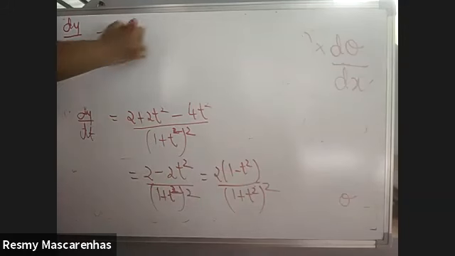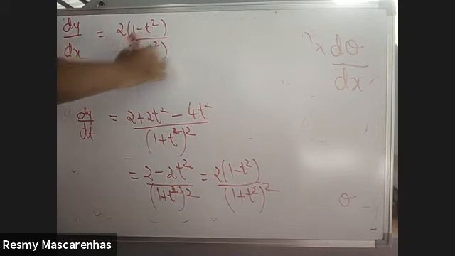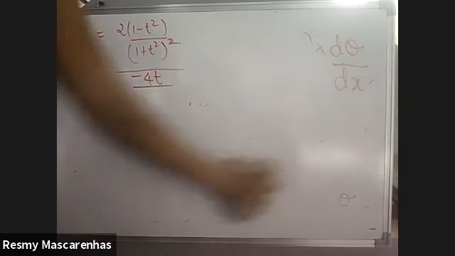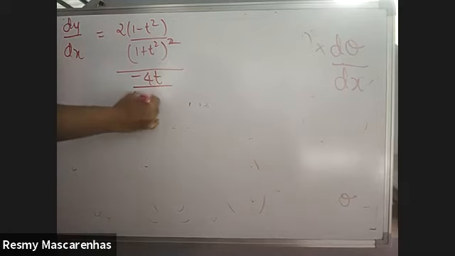First y answer upon x answer. How much was that? Minus 4t upon 1 plus t square the whole square.